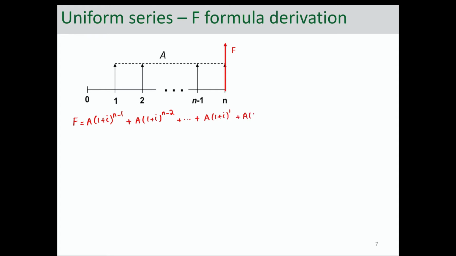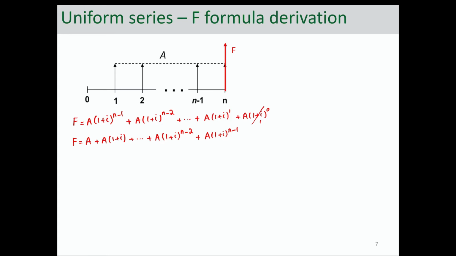The last one is A times (1 + i) to the 0, which is essentially 1 here. So doing that, we can rewrite this future value as A plus A(1 + i) all the way to A(1 + i)^(n-2), and the last term is A(1 + i)^(n-1).